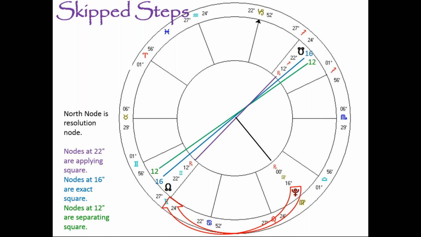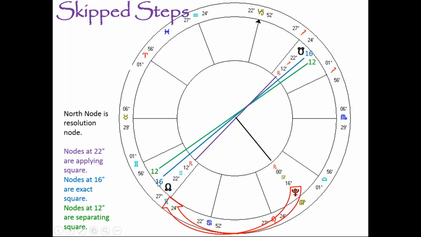Let's look at when planets are square the nodes, creating those skip steps that we talk about. In this example, we're going to work with Pluto. So here we start with Pluto, but as we reverse through the zodiac or the houses following this red arrow, the north node is applying squares to Pluto.